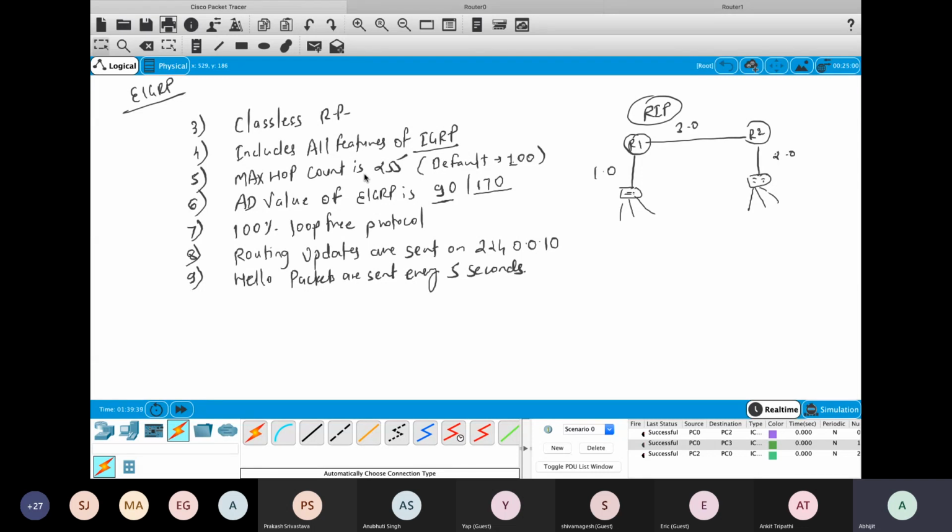In such a scenario, how are you going to keep your network updated? Let's assume that the network is no longer available, meaning there is a layer 1, layer 2 or layer 3 issue, and due to that the 1.0 network is no longer available. So how would the other router in RIP get to know about that?